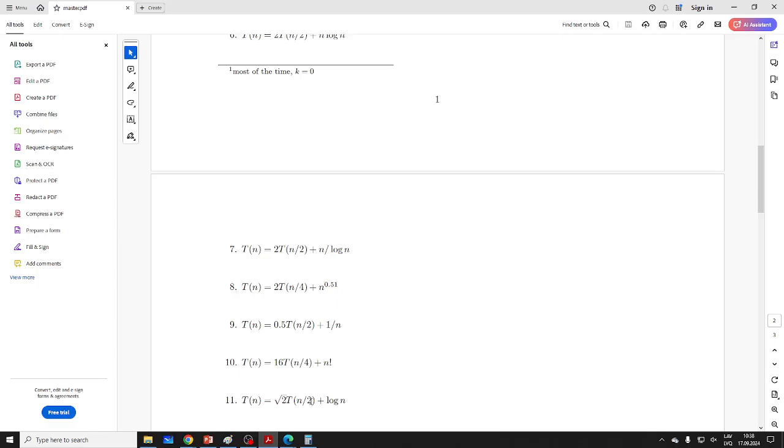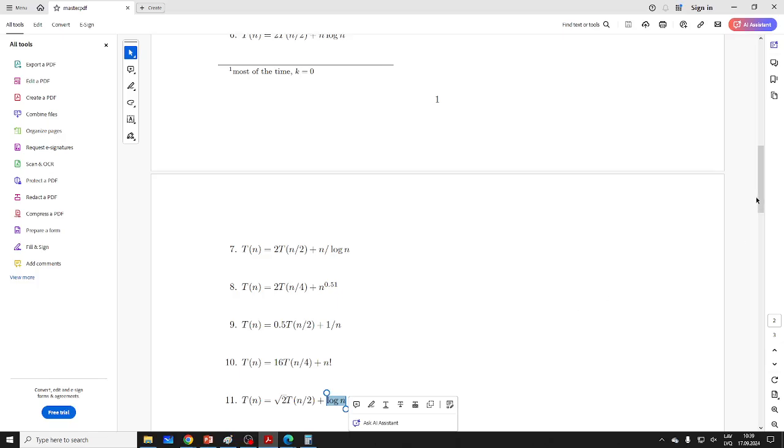So the question now is we have n to the 0.5, which is the square root of n, basically, and log of n. Which one is bigger? I have a feeling that the square root is bigger. Am I right?